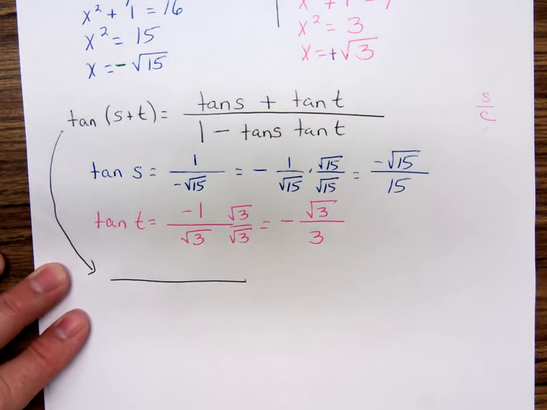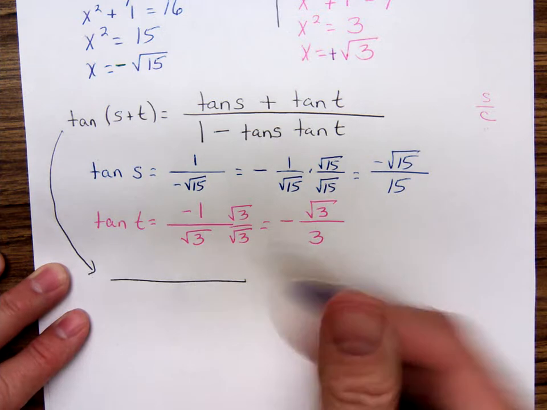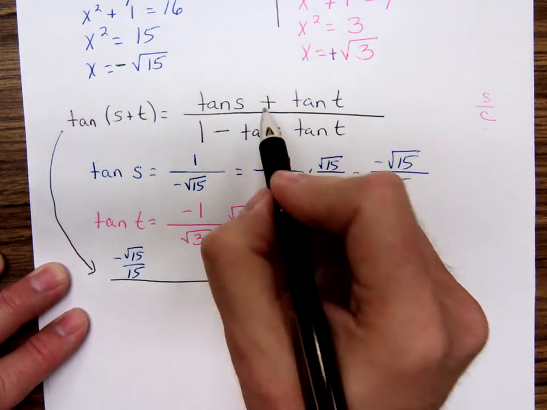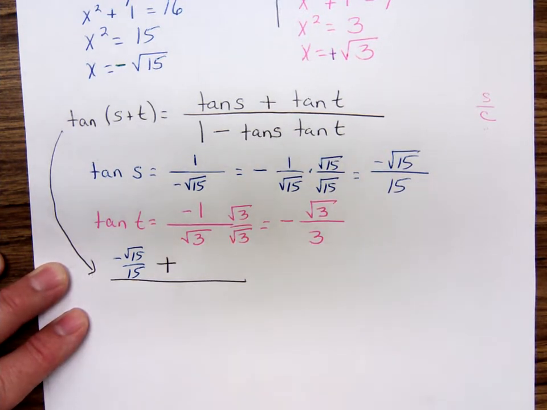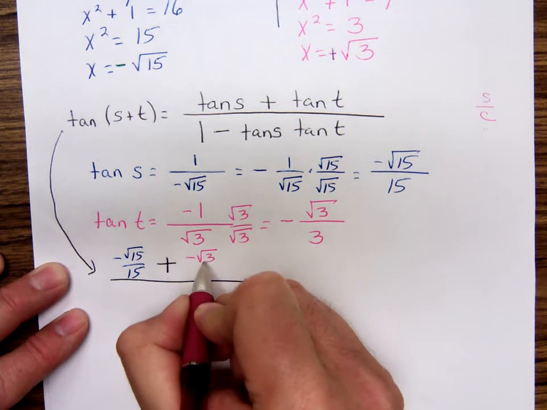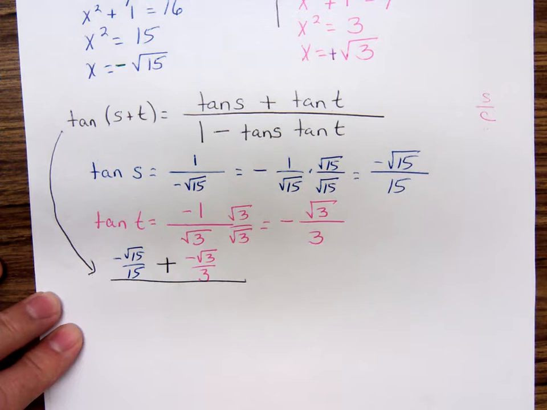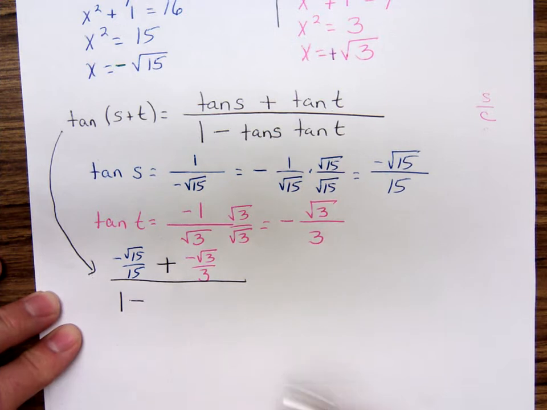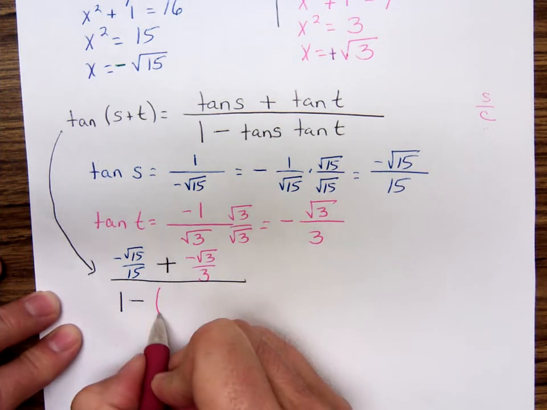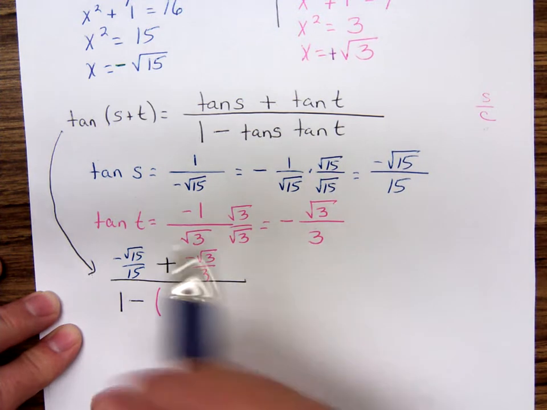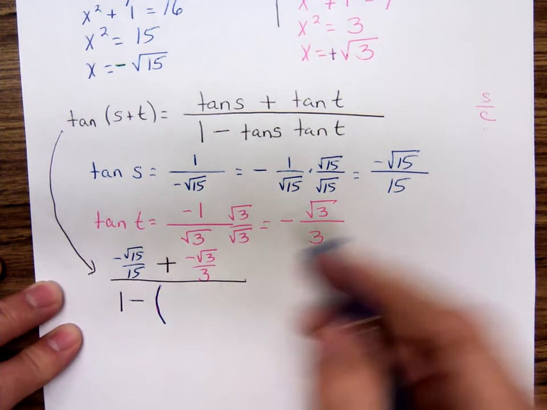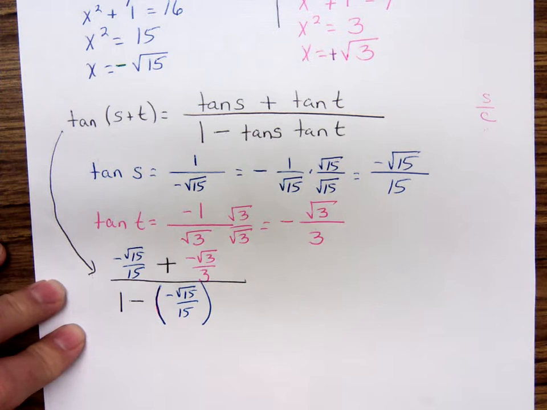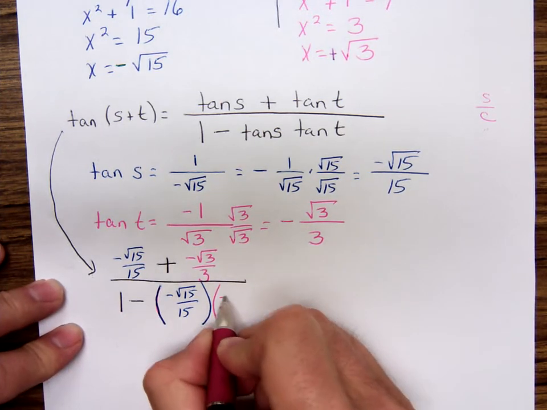So it's tangent S, negative square root of 15 over 15, plus tangent T, negative square root of 3 over 3, all over 1 minus tangent S, oops, S is blue, negative square root of 15 over 15 times tangent T, negative square root of 3 over 3.